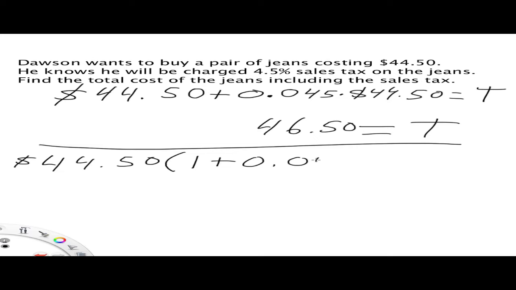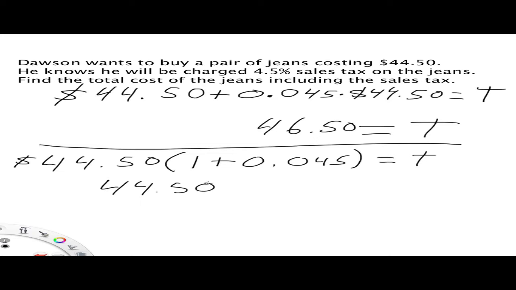The original cost is a 1. My tax cost is the 0.045, and that's equal to my total, because the 44.50 was common to both of those.